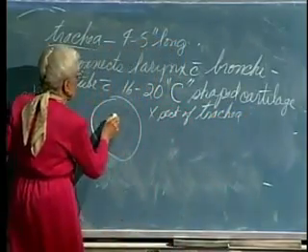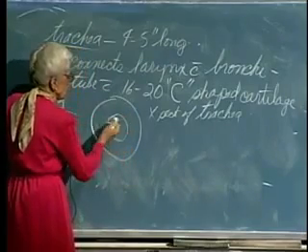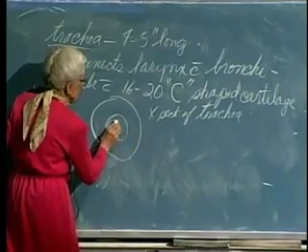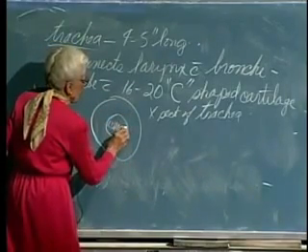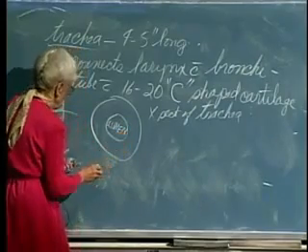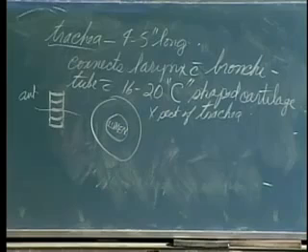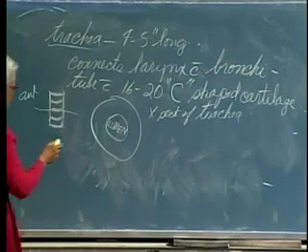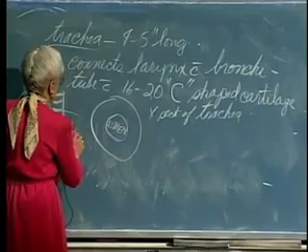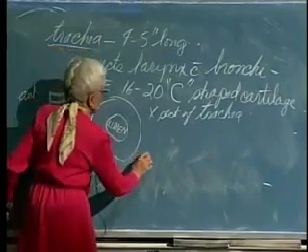And we're going to have a lumen, of course, because we've got to keep the air going down. So this is my lumen. And then I'll have this C-shaped cartilage. This is anterior. This is posterior.